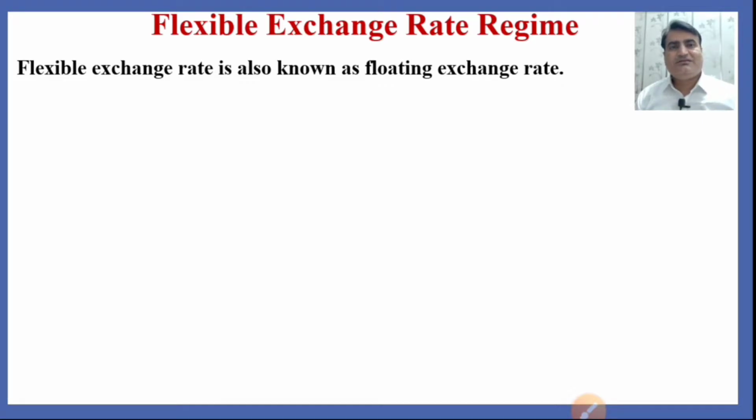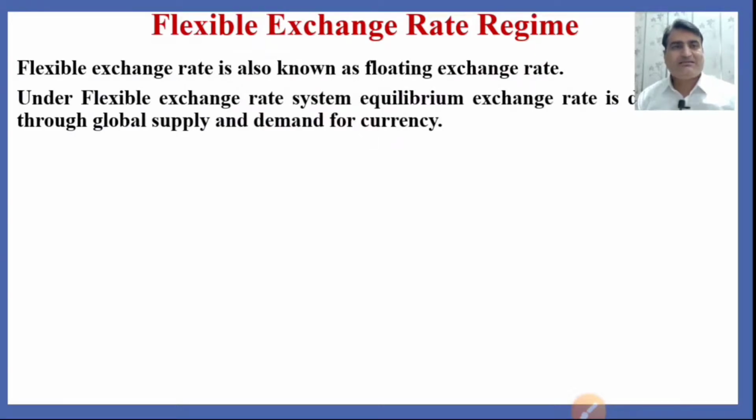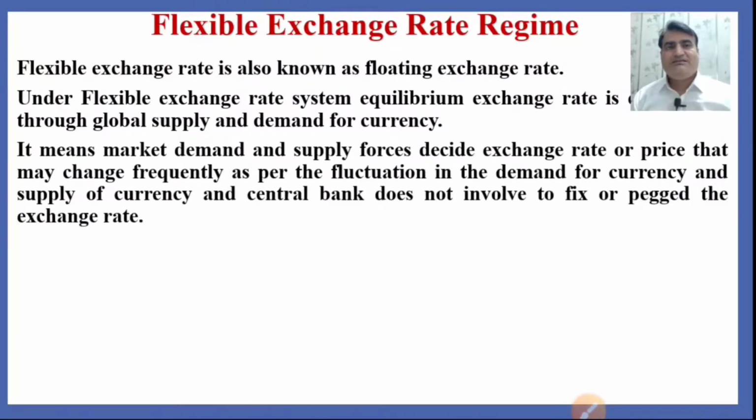So what is flexible exchange rate system? Flexible exchange rate is also known as floating exchange rate. Under flexible exchange rate system, equilibrium exchange rate is determined through global supply and demand for currency. It means market demand and supply forces decide the exchange rate or price that may change frequently as per the fluctuation in demand for and supply of currency, and the central bank does not get involved to fix or peg the exchange rate.